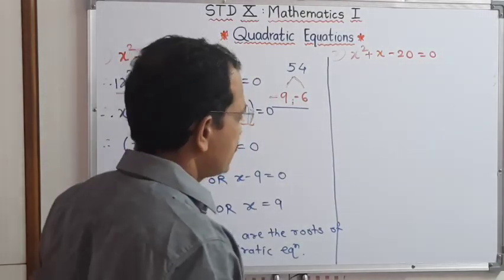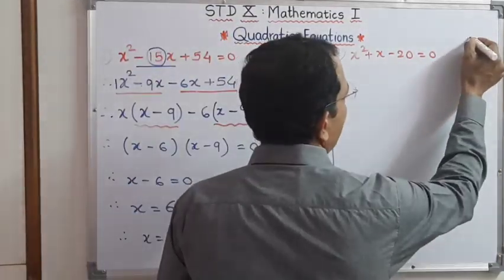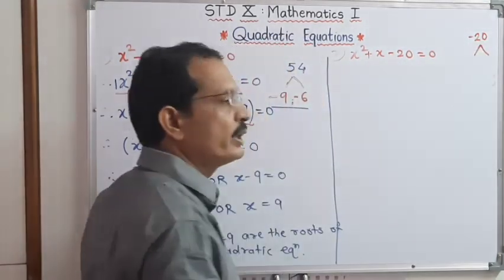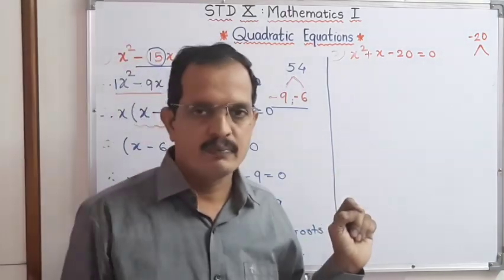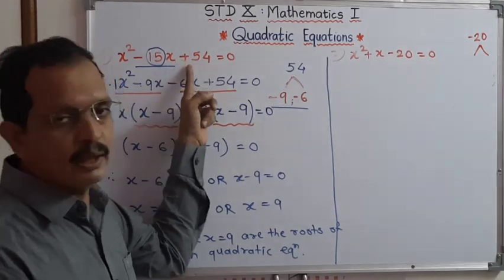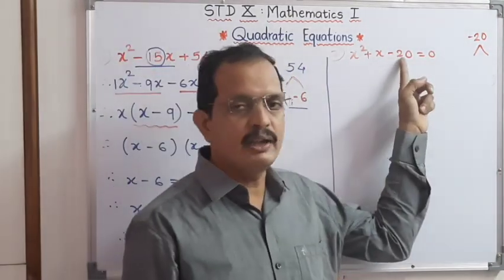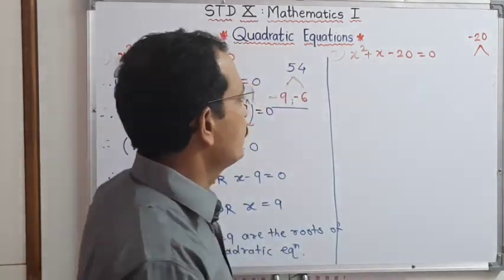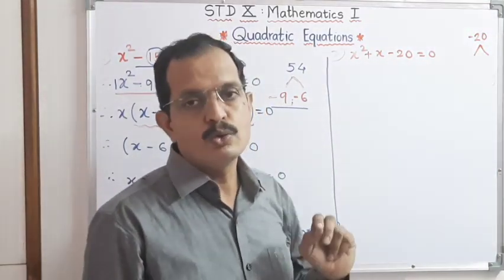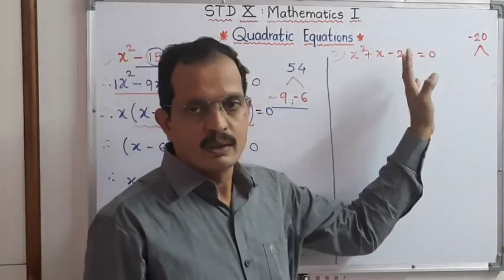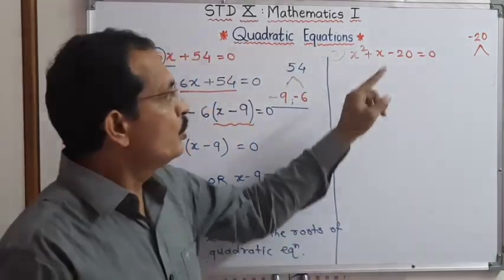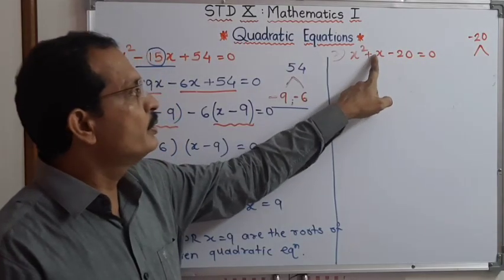Then our next step is that we have to find the factors of this constant term, that is, the factors of this minus 20. See student, in the previous sum the constant term had a plus sign and here it is minus 20, therefore a little change is there. Now we have to find two numbers whose multiplication should be 20, and second, whose subtraction should be 1.